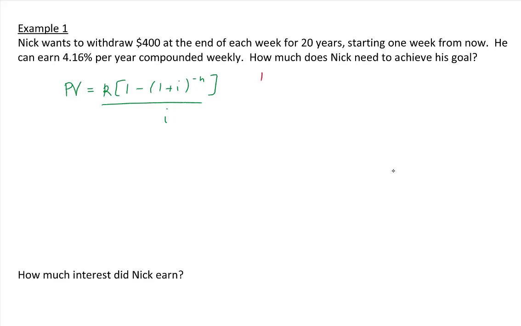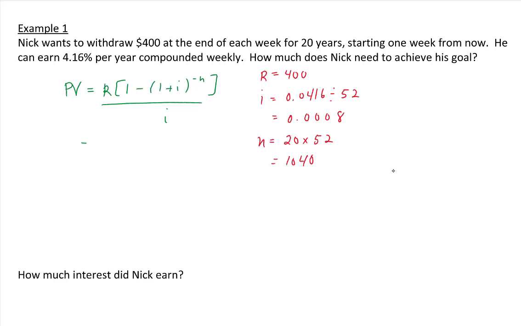We don't know the present value, but we know our regular payment is $400. We know our interest rate is 0.0416, and since it's weekly, we're going to divide it by 52. So that gives us 0.0008 for our weekly interest rate. And n is going to equal 20 times 52, so 20 years times 52 weeks per year. And that gives us 1,040 weeks.